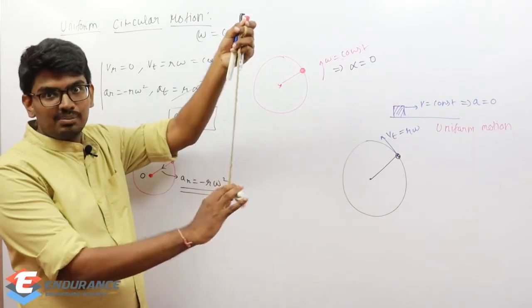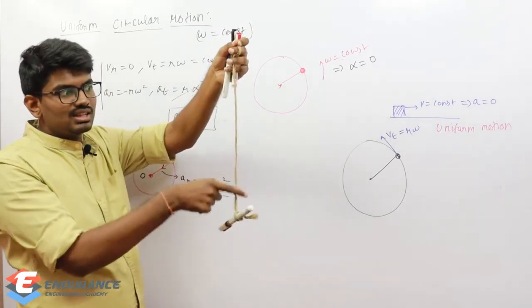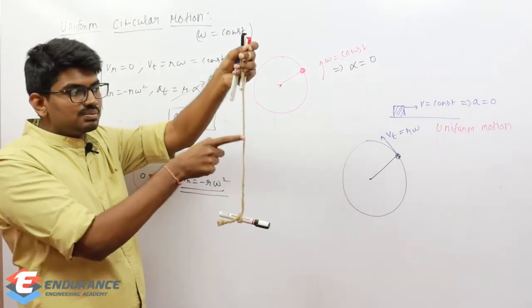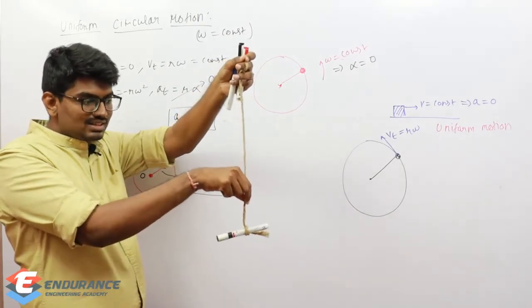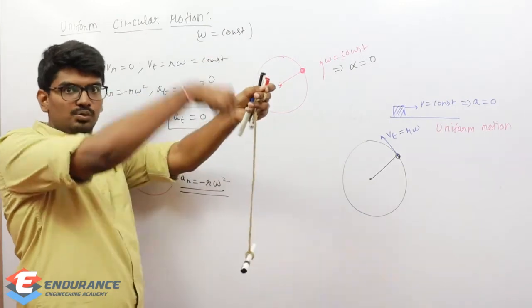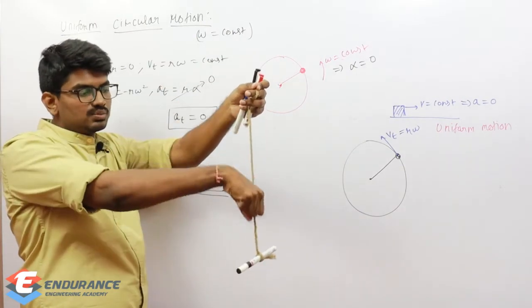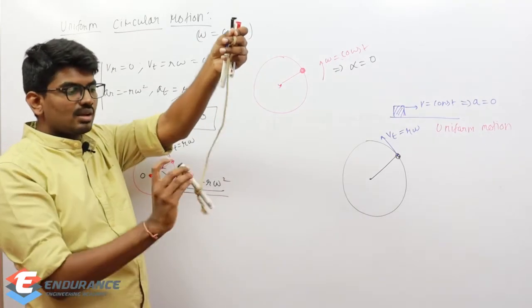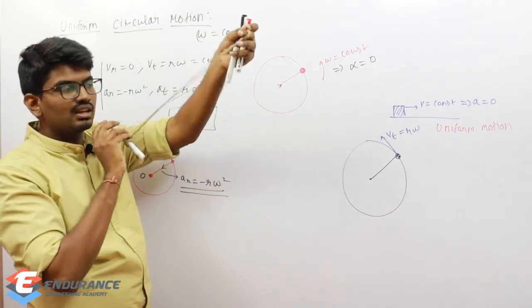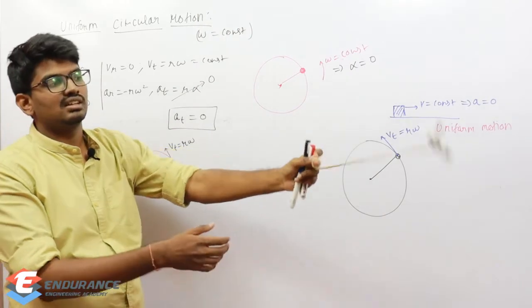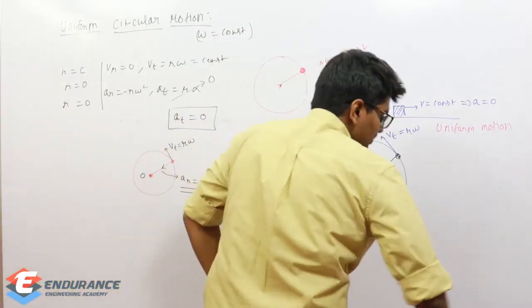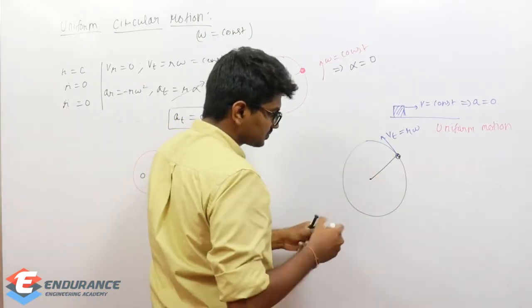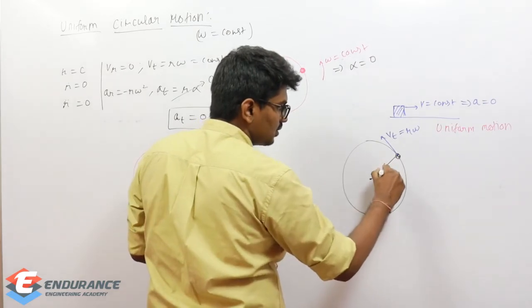The rotation is happening because there is some acceleration this thread is offering. It is like pulling the marker towards it. As it is pulling towards it, but the marker is trying to move straight, it's continuously changing its direction. When the particle was here, this is pulling it.